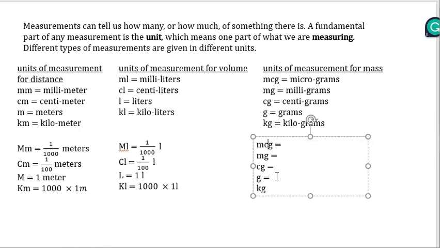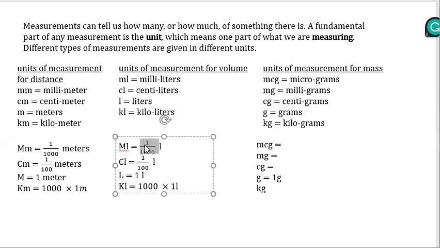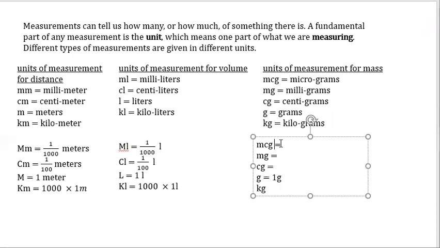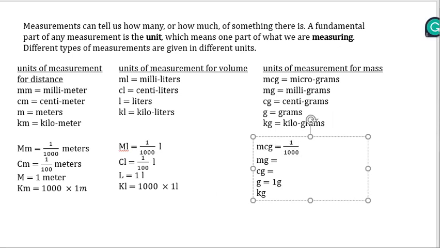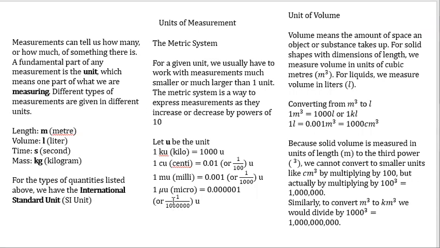All right. So we put in 1 gram here. Selma, talk to me. We have MCG, which we didn't have in these. Although there are micrometers, I didn't put it in because I wanted to see what you all would come up with for this one. So tell me, what did we divide by here? 1,000,000. That is correct. We're actually dividing by 1, 2, 3, 4, 5, 6, a million.